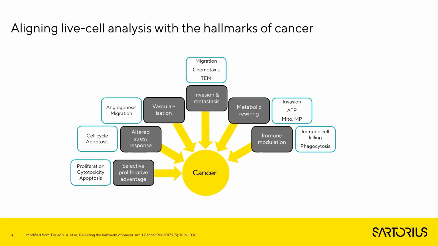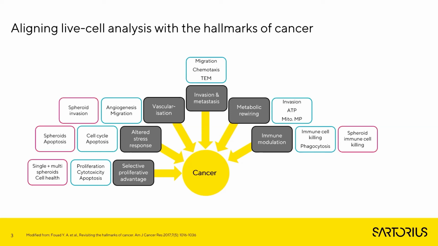You can see here a suite of 2D live cell analysis assays and techniques which have been used to understand and assess key phenotypes as well as underlying mechanisms associated with these hallmarks. Now here are those very same applications, only now using 3D cultures, which one could possibly argue align more with the in vivo setting and have potentially more translational opportunity.